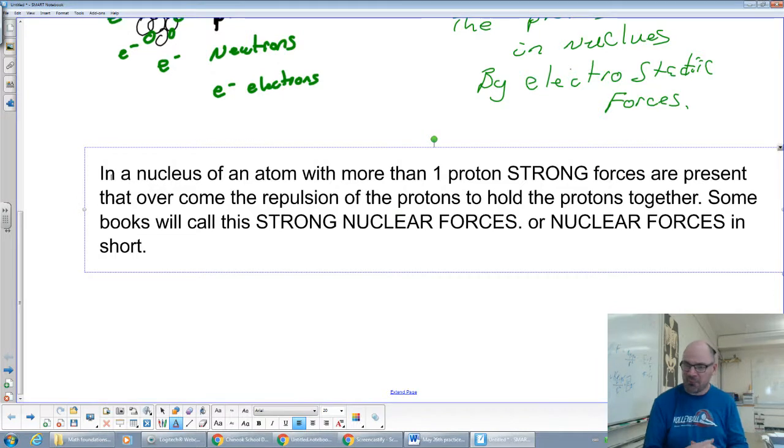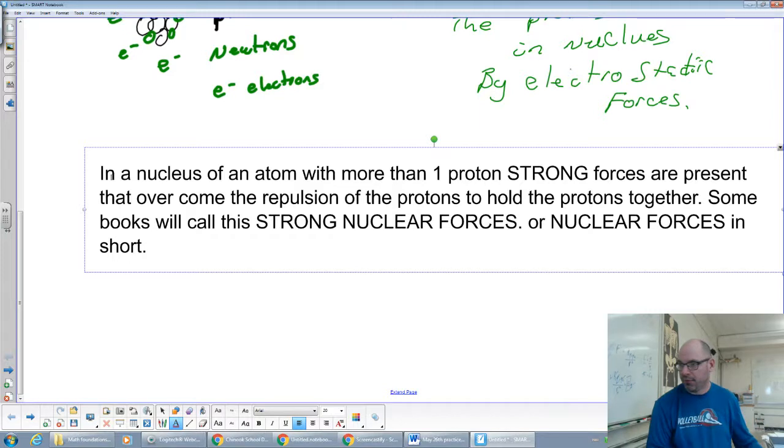And they come into play when the protons are close together inside the nucleus. They're about 100 times stronger than the electrostatic force of repulsion of those protons, so they're still held together. At least that's the theory, anyway. They don't have 100% evidence for that yet, but that's the theory.